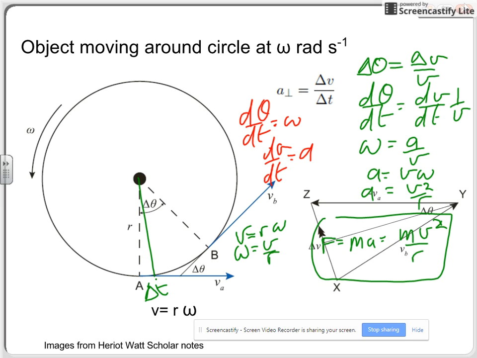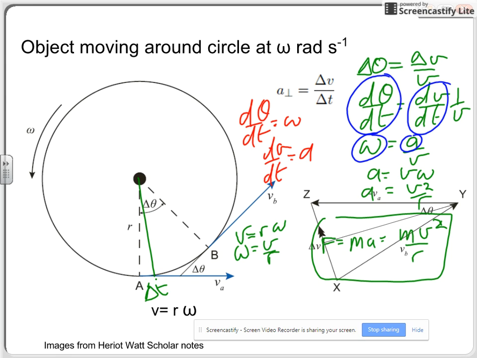So we're just using what you know about angular motion there, relating the change in velocity with respect to time, which is acceleration, and the change in angle with respect to time, which is omega.